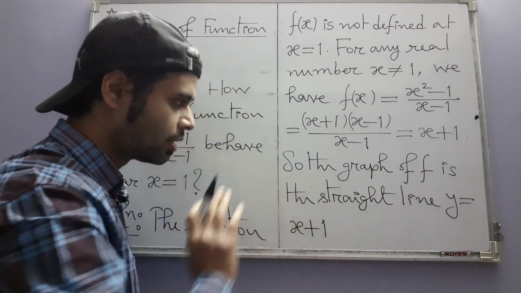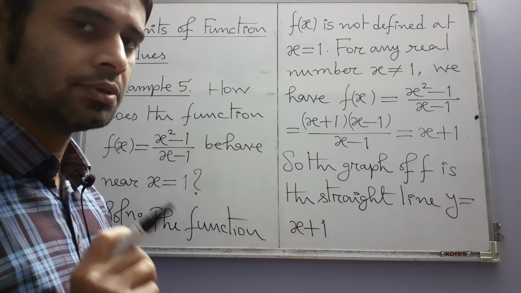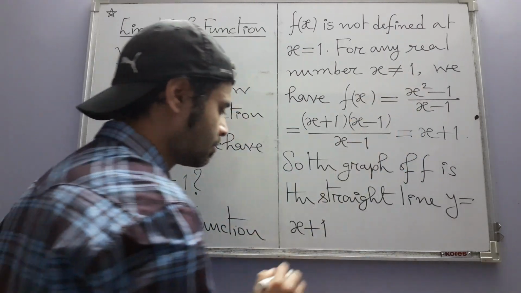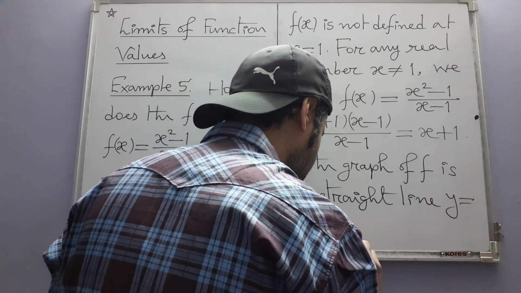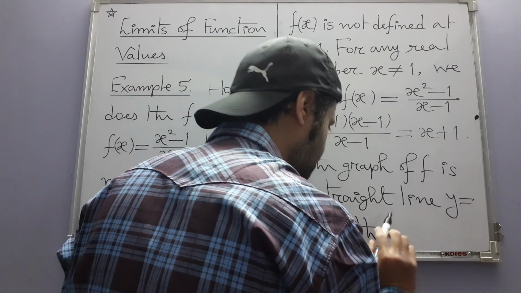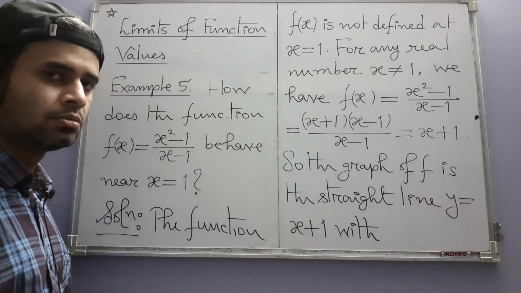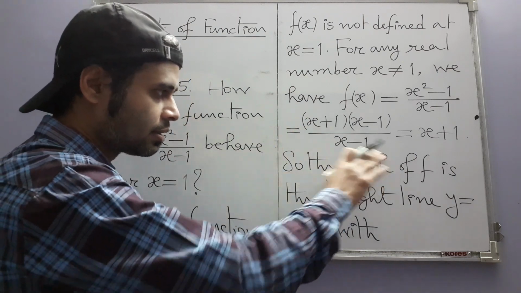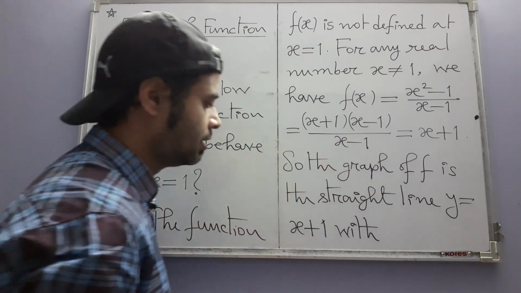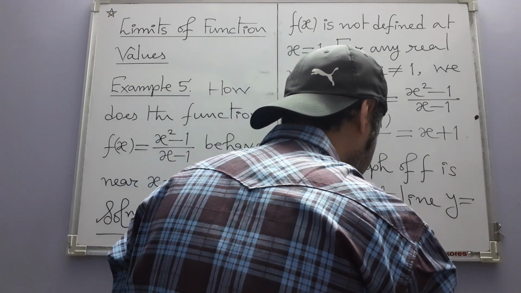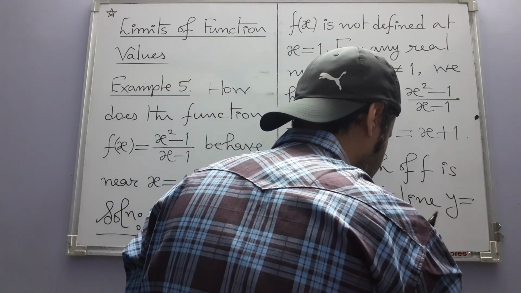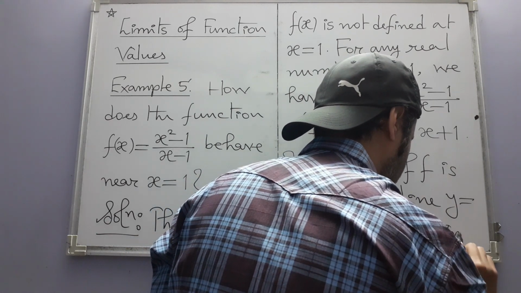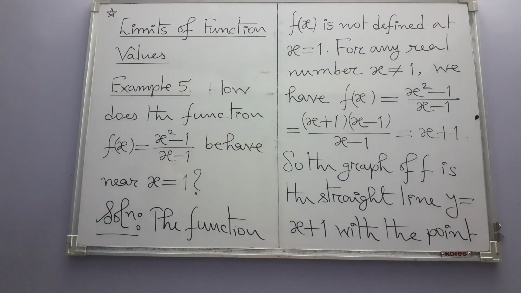From this straight line, one point will be removed, namely the one for which x is equal to 1. When x is 1, y is 2, because 1 comma 2 is a point on this line, and that point will not be there in the graph of f. Everything else will be there with the point 1 comma 2 removed.